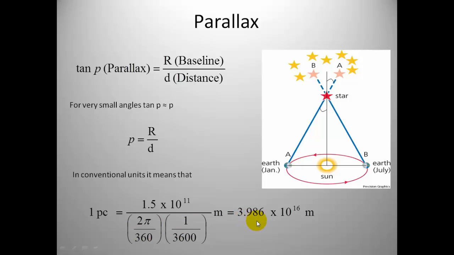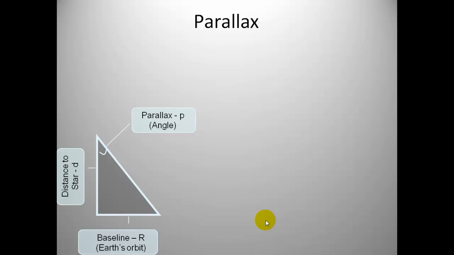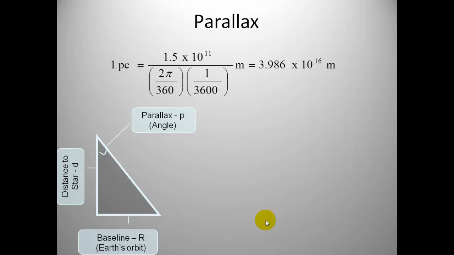We're going to find that 1 parsec, that distance, is roughly 3.94 times 10 to the 16 meters. You should try that and make sure that you get the same answer. So we have this answer, 4 times 10 to the 16 meters, equal to 3.986 times 10 to the 16 meters.